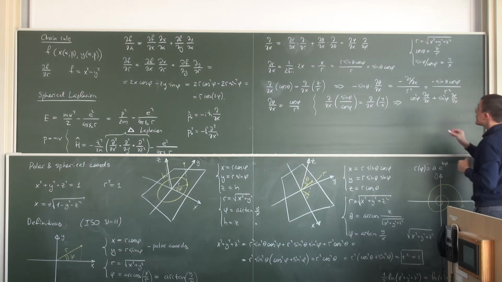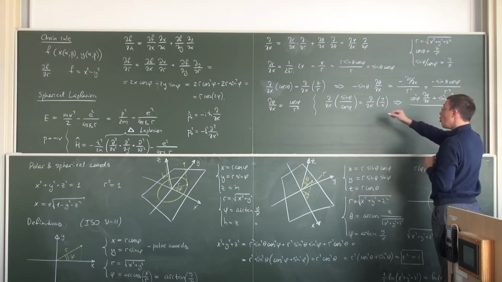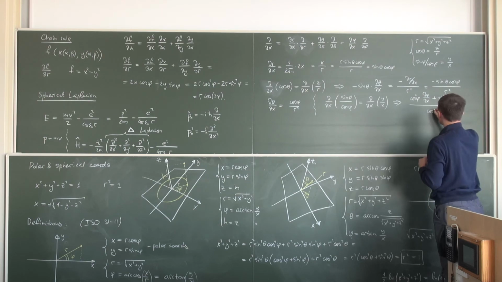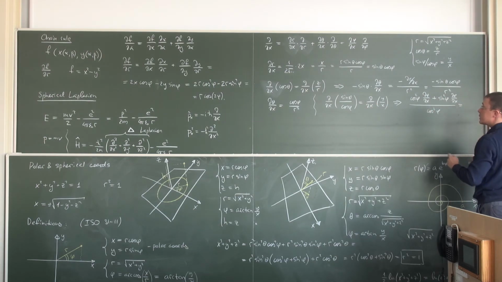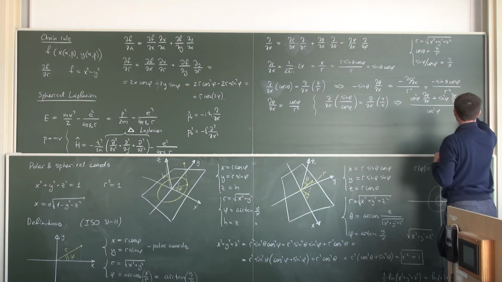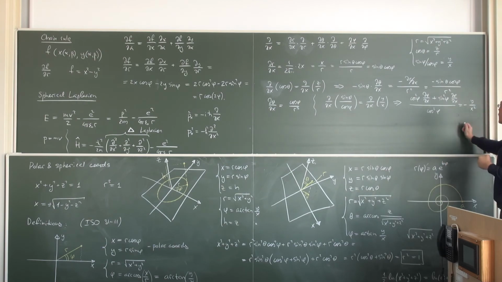That's nice because things get simplified, over cosine squared of phi. That's the left-hand side. On the right-hand side, y doesn't depend on x, and so that's simply minus y over x squared.